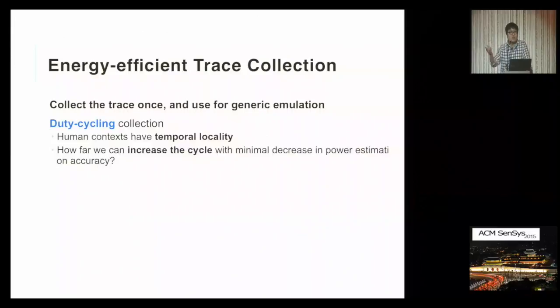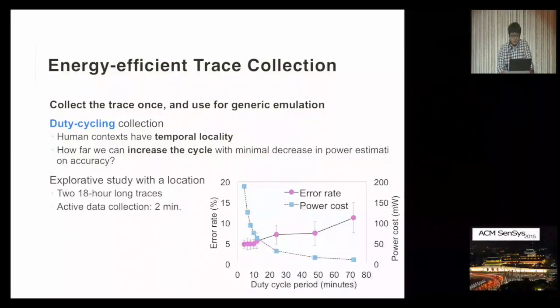See, here most of you keep sitting more than 1 hour. So a practical issue in adapting such duty cycling techniques is how far we can increase the cycle while minimizing the accuracy decrease. To answer the question, we analyzed the power use of a location tracking application with 2 18-hour-long traces.